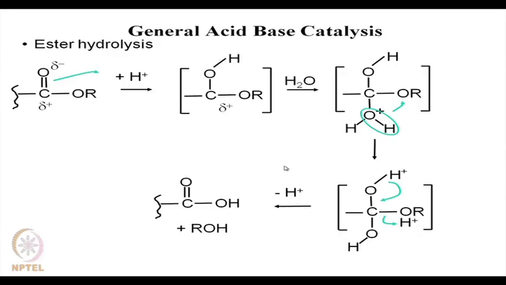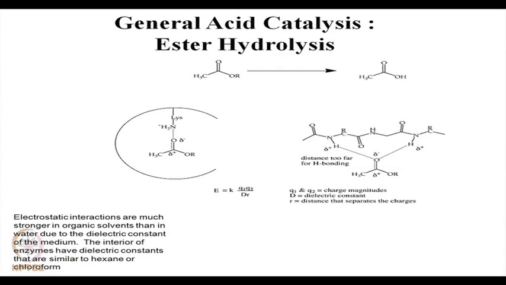Next, ester hydrolysis, a general case, where maybe it is your enzyme. Okay. And this is your CH3COOR. This is your lysine, then NH2. So, this NH3 plus makes a bond with the carbonyl of your ester.